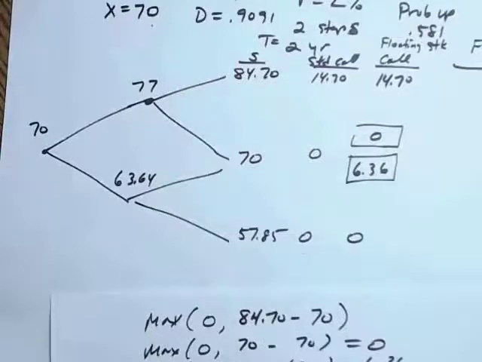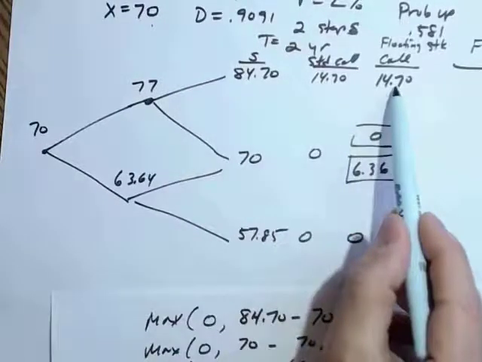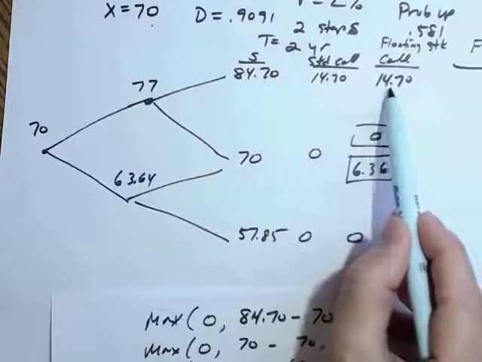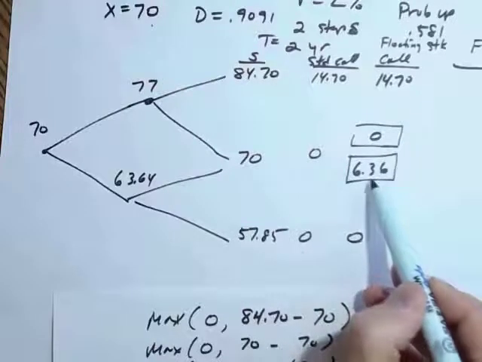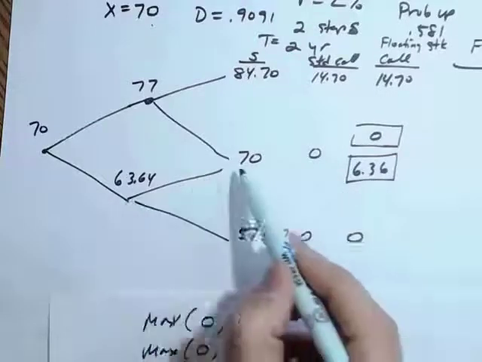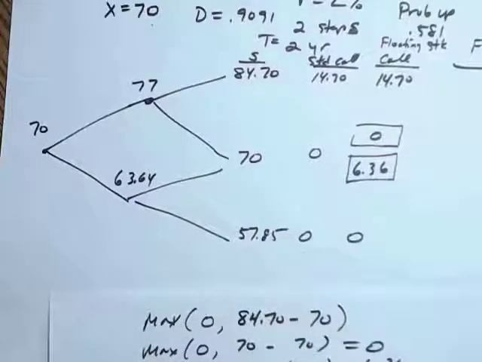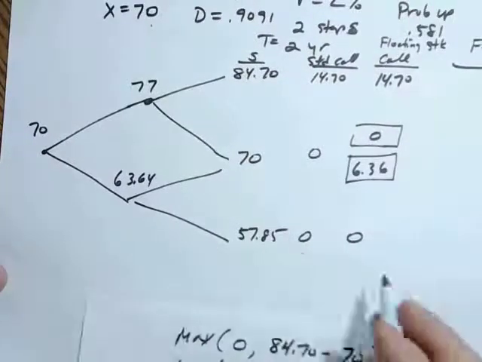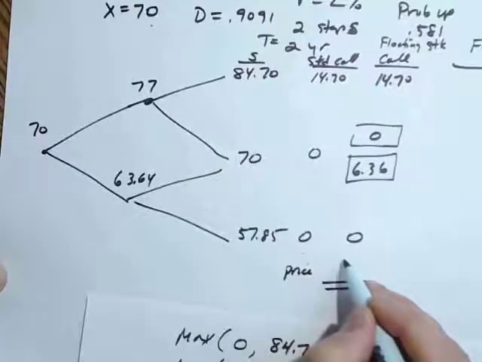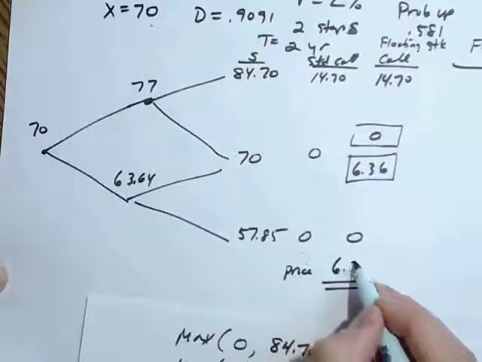Now if you discount that back, multiply this by the 0.581 squared, discount it at 2% for 2 periods, multiply this by 0.419 times 0.581, the probabilities again, and discount it at 2% for 2 years, we would end up with a price of 6.26.